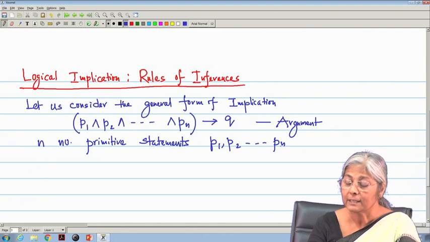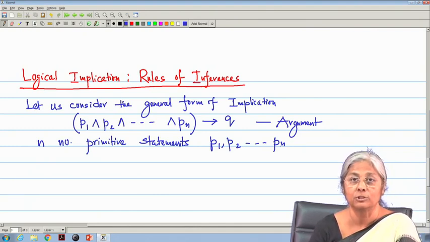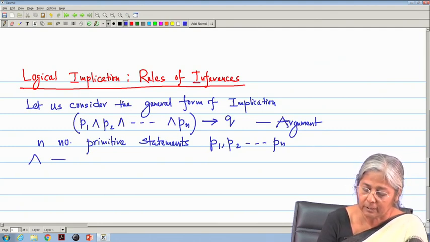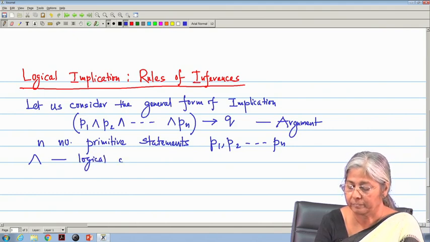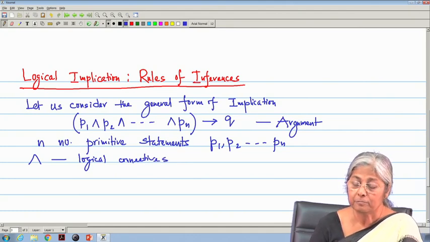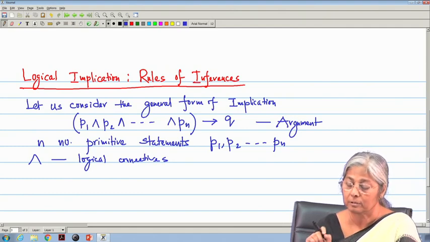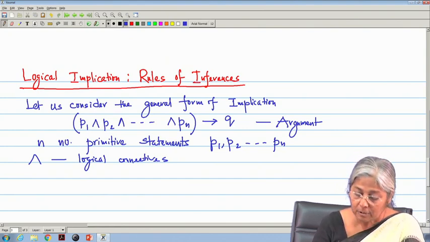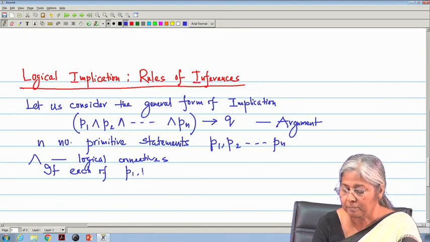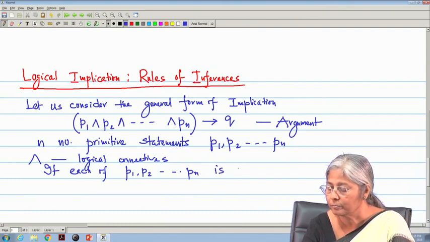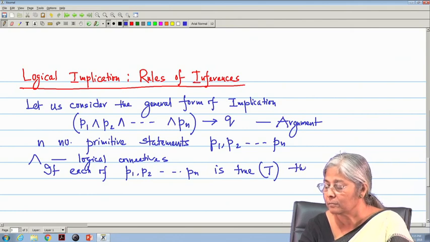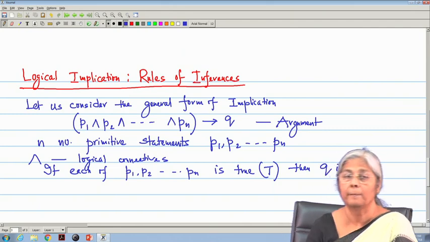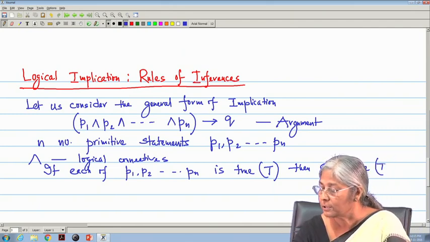Since they are logically connected with the connective AND, that is conjunction, if each of P1, P2, up to Pn is true, then the left hand side will be true, and then Q will be true. So it is valid.